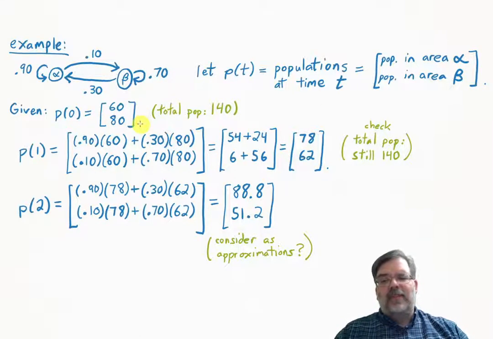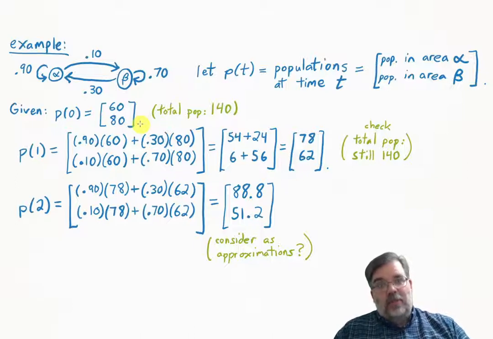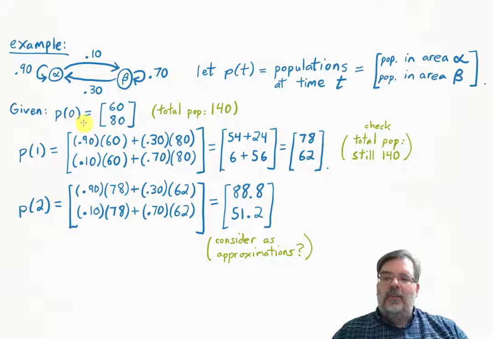So we need some kind of initial populations to do some math. So let's assume, I'm just making this up, that the total population is 140, and at time 0, area alpha contains 60 and area beta contains 80.